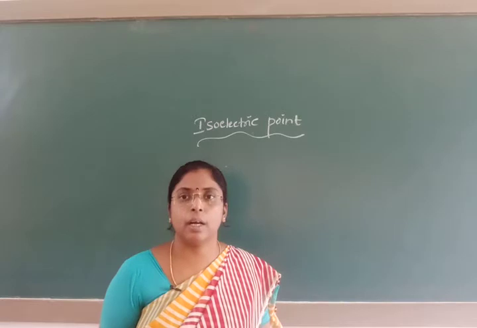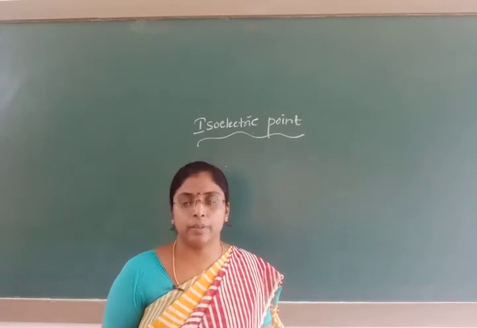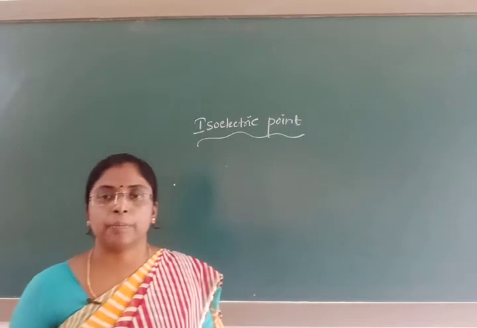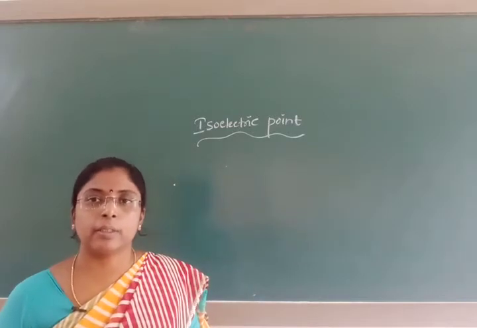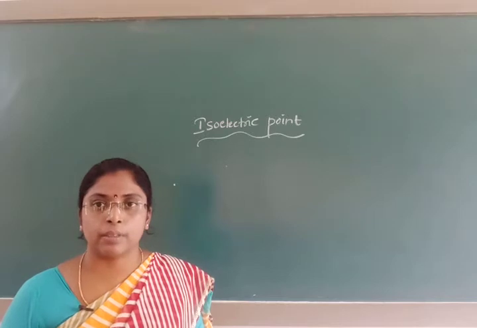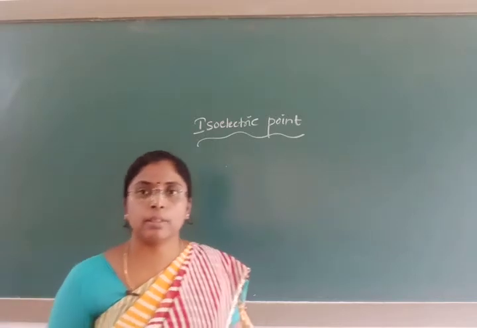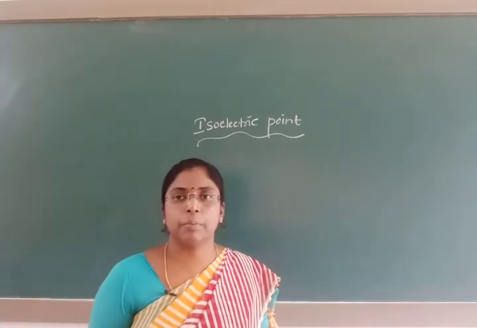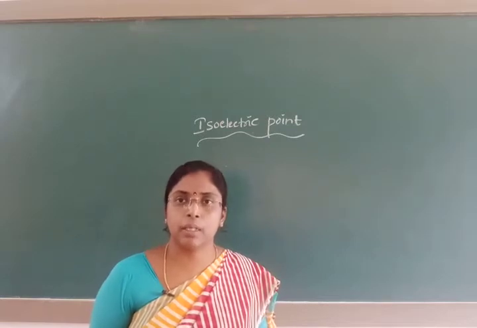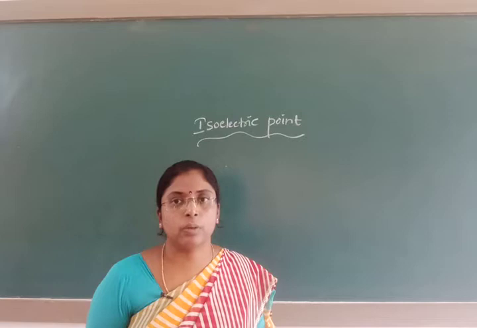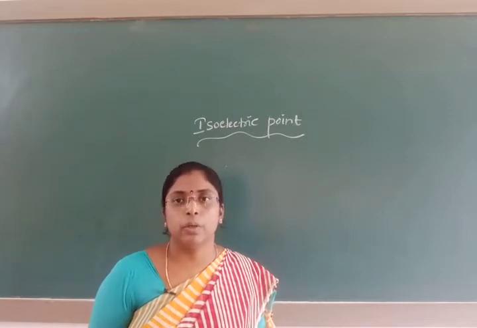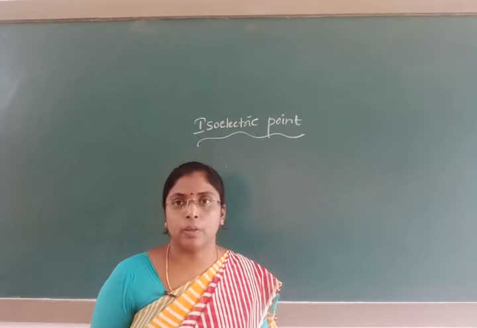This is known as isoelectric point. Here 3 types of amino acids you have studied: acidic amino acid, basic amino acid as well as neutral amino acid. Each amino acid has a certain pH value at which it does not migrate either towards the cathode or anode because it will form a neutral dipolar ion.